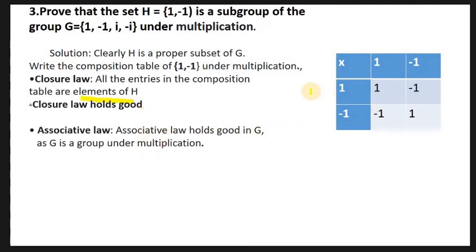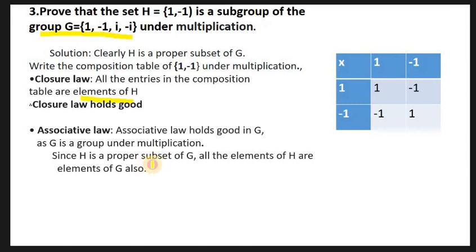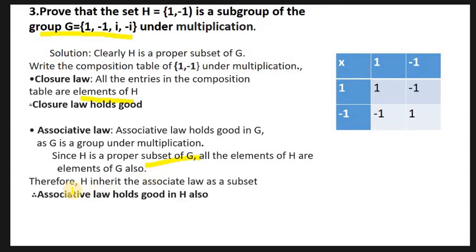See, associative law holds good in G. We have considered the fourth roots of unity, that is the group G. So since it is a group, the associative law is satisfied in G with respect to multiplication. Since H is a proper subset of G, all the elements of H are the elements of G also. Therefore H inherits the associative law. That means associative law holds good in H.